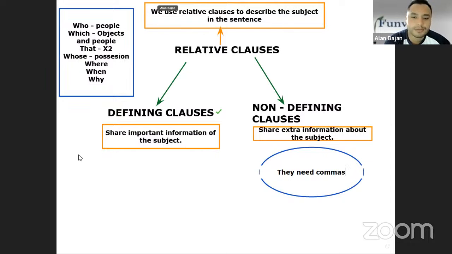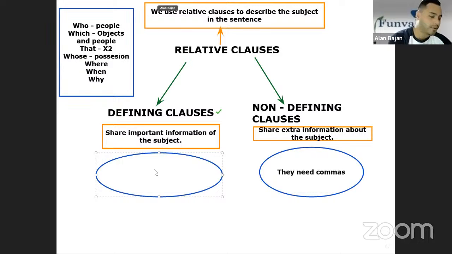And defining clauses, they don't need them. But in defining clauses, we can use that. I will explain the purpose of that here.